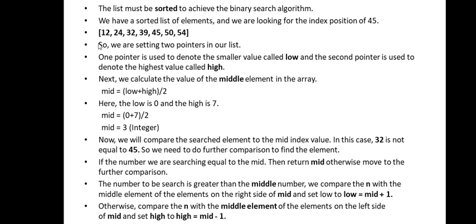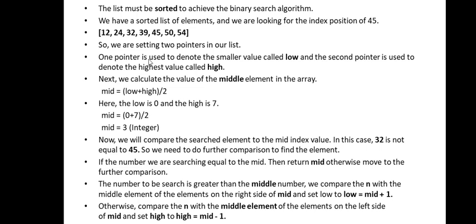In this case low is 0, high would be the position of this one, that is 0 1 2 3 4 5 6. So high would be 6. What is mid value then? 0 plus 6 divided by 2, that is 3. So mid will point to the middle element in the list.